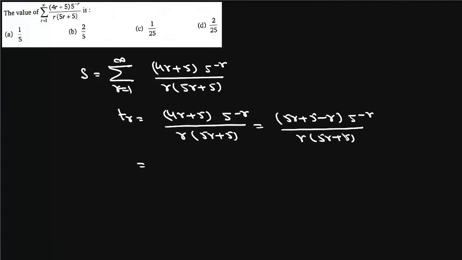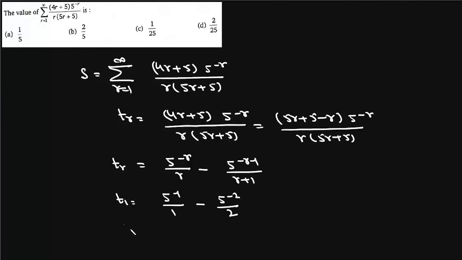Now for this first one, 5r plus 5 will cancel. So we get 5 to the power minus r upon r minus, and here r will cancel, and if we take 5 common, there will be 5 to the power minus r minus 1 upon r plus 1, and that's your rth term. Now this first term will be 5 to the power minus 1 upon 1 minus 5 to the power minus 2 upon 2.